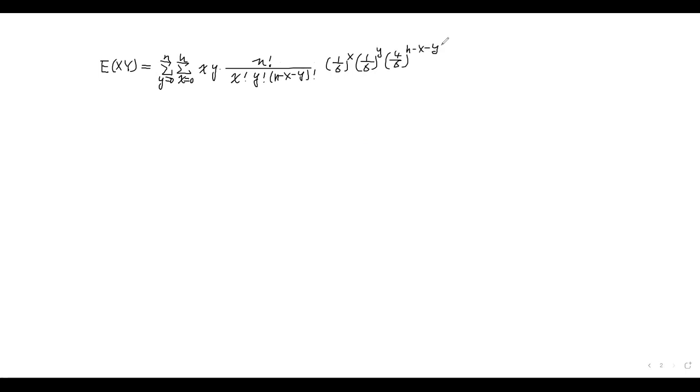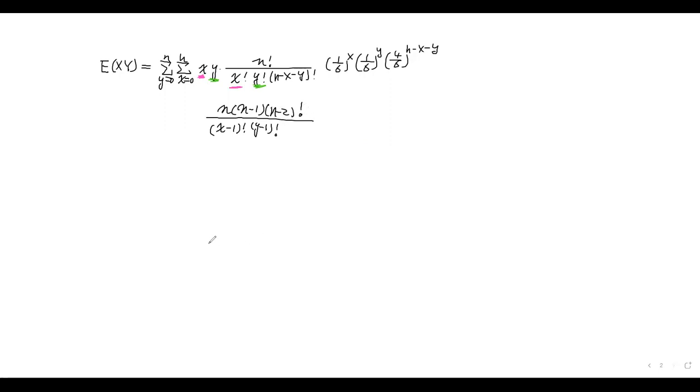So we do the same trick, the same way we manipulate the terms here. You see you've got x, you've got x factorial, and you've got y, you've got y factorial. So let's try to rewrite these terms. This will be x minus 1 factorial, and this one here is y minus 1 factorial. So for the n factorial, let's change it to n times (n minus 1) times (n minus 2) factorial.